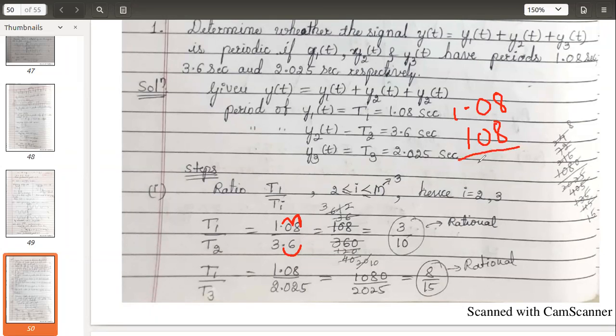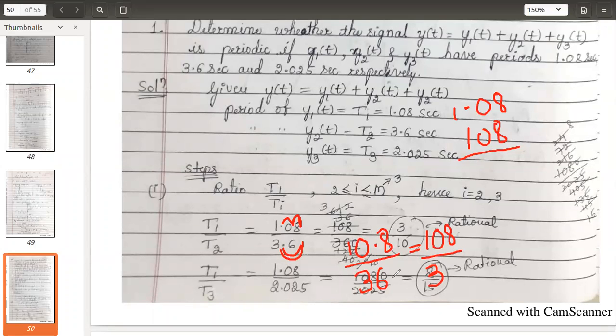In the denominator also I will move an equal amount, so that the decimal point will go right. Because if it is 3.6, if I move it one time it will become 36, but what about the numerator? If I move one time it will become 10.8. I don't want a point, so I need to move this one more time and it will become 108. So in the denominator I have to move one more decimal point.